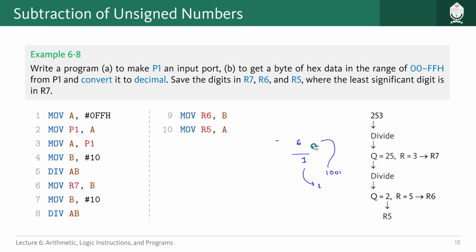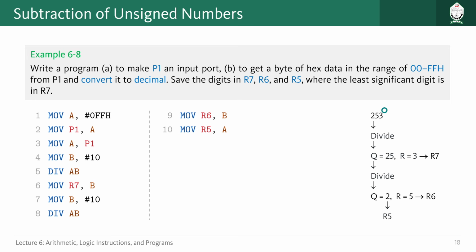Now if we understand that, let us look at possible cases for how we can solve this. Because the result from port 1 will have a range of 0 up to 255 in decimal, we can take one example value, which is 253. Let's say 253 is coming from port 1, and we have to convert that to decimal.